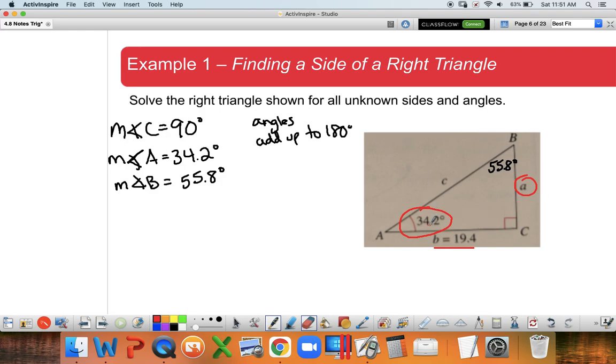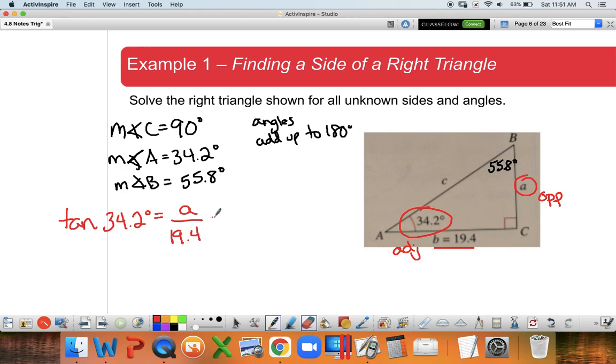If I'm using 34.2 as my reference angle, a is the opposite side, b is the adjacent side, so I want to use a trig identity that uses opposite and adjacent. That's tangent. So I get the tangent of 34.2 degrees is equal to the value of a over 19.4.